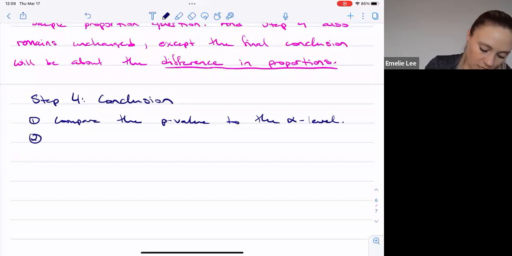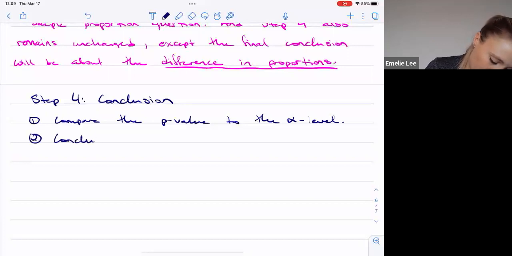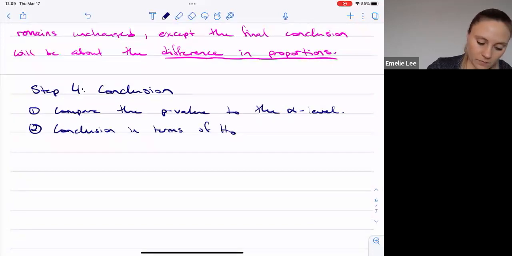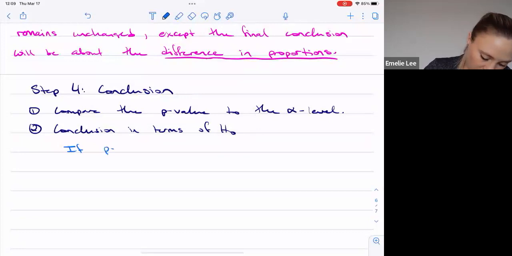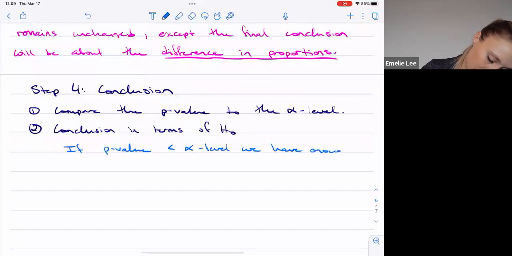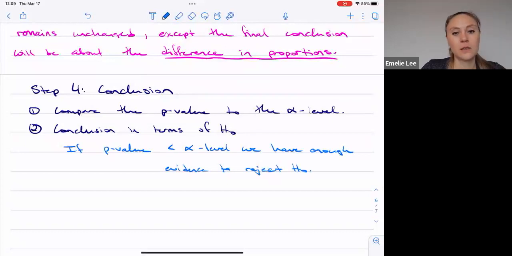So part 2 is your conclusion in terms of H0. If the p-value is less than the alpha level, we have enough evidence to reject H0 in favor of HA, but I'll leave it at that.